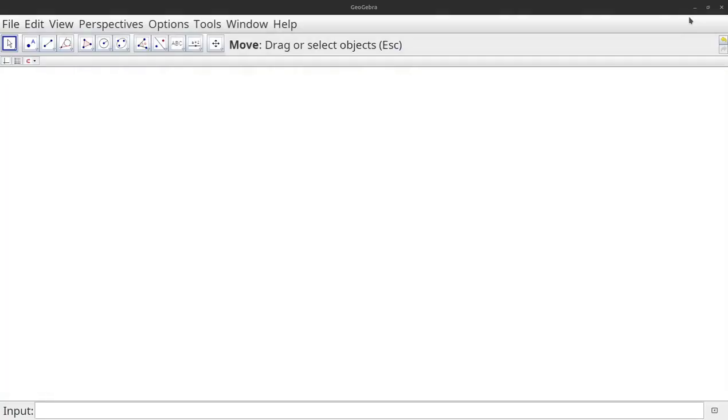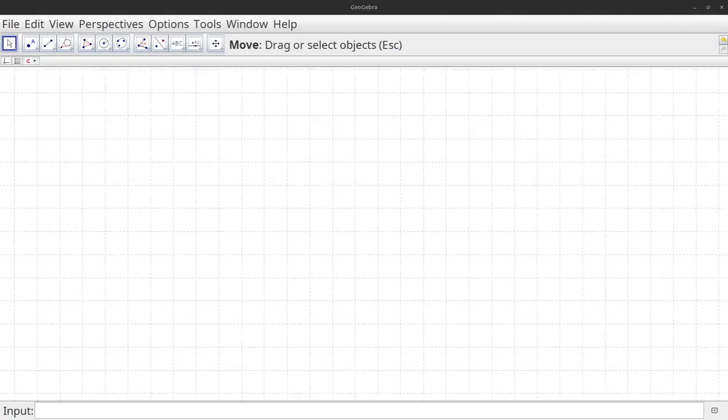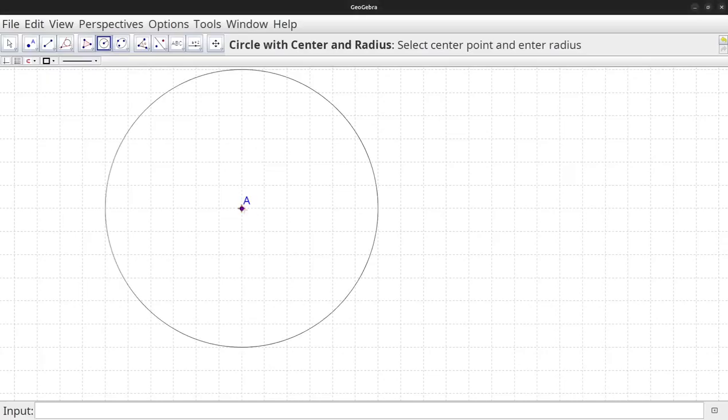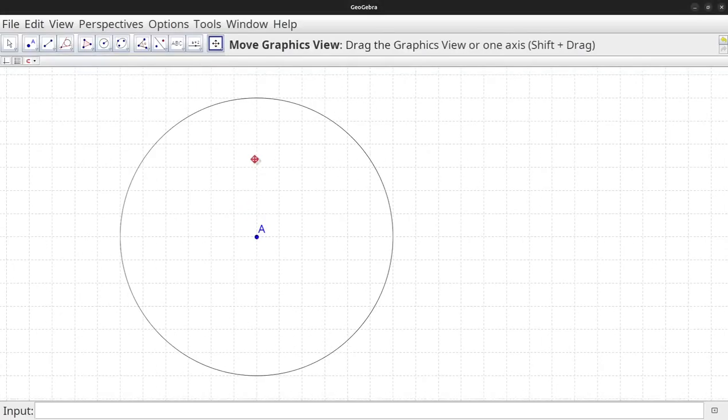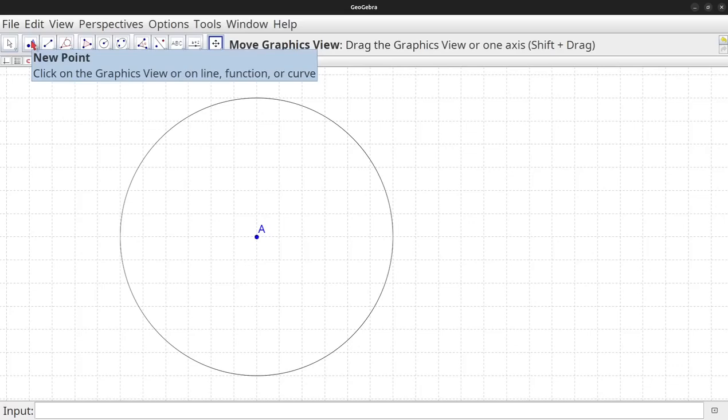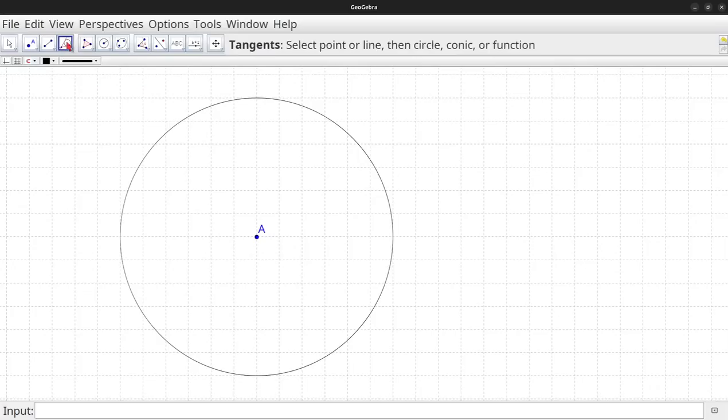So we are here on GeoGebra. Now on GeoGebra, let's draw a circle. So to draw a circle, this is our circle like that. Let's draw a point outside the circle. Before the point, let's draw the two tangents.